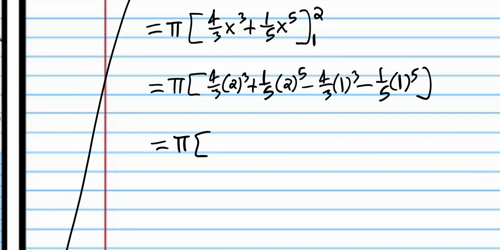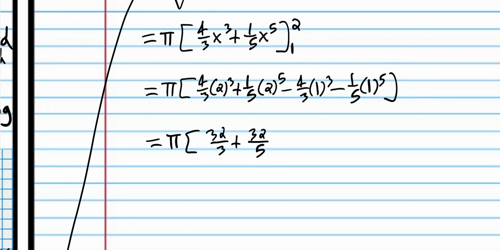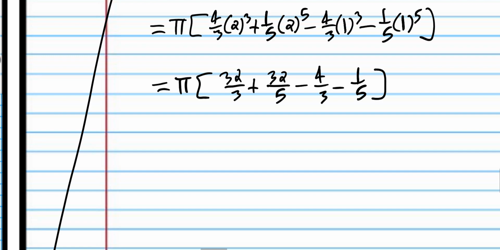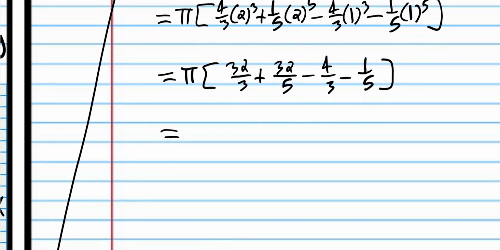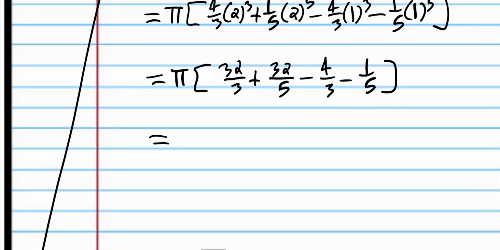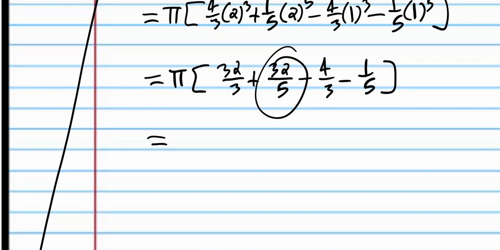So we have 32 over 3 plus 32 over 5 minus 4/3 minus 1/5. And hopefully we'll be able to put this in an exact form. So looks like our common denominator, well, first of all, we can combine these.